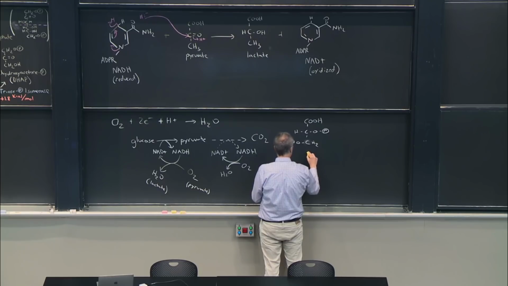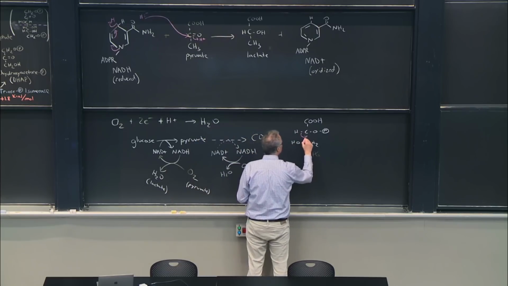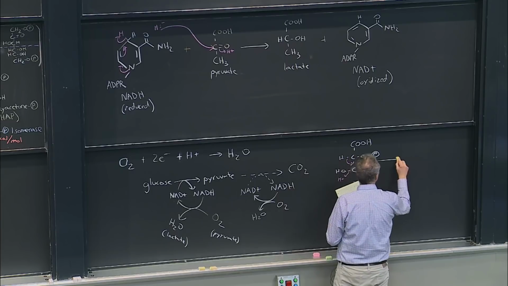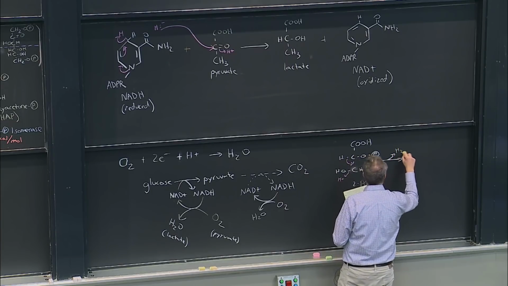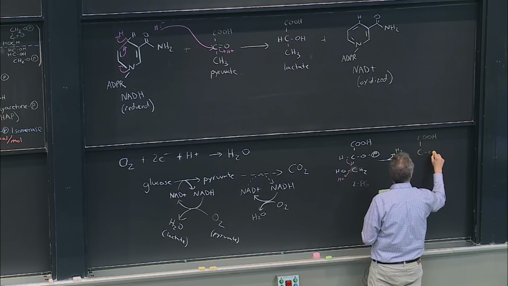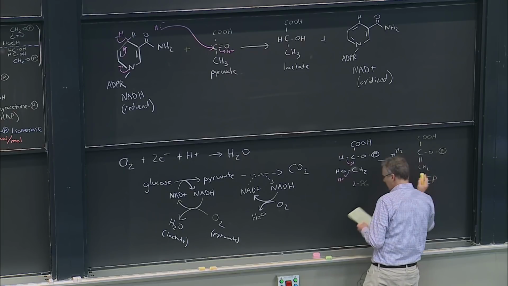So here is 2-phosphoglycerate. Simply dehydration to remove water, and that gives us phosphoenolpyruvate, PEP.